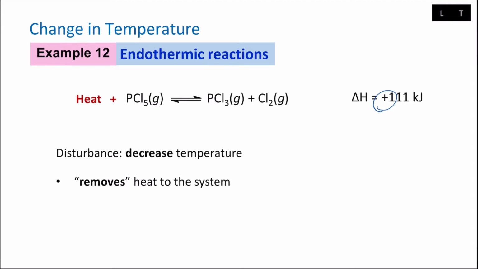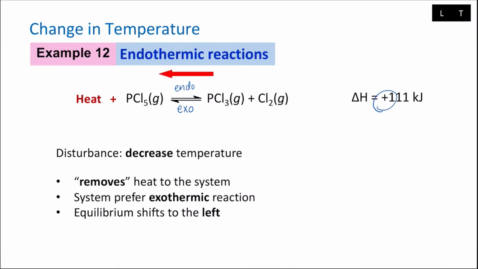So bila exothermic reaction, apa yang terjadi? Forward reaction adalah endo dan reverse reaction adalah exo. So kalau sistem prefer exothermic, what happen to the equilibrium? Equilibrium akan counterback dengan cara shifts to the left. Sebab itulah awak akan ada direction to the reactant side.